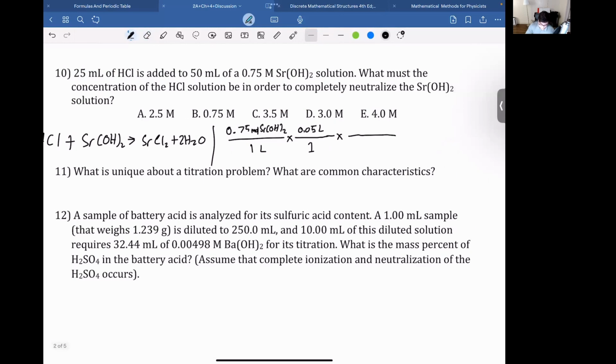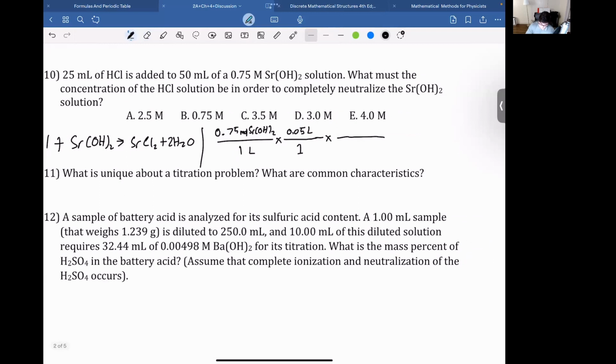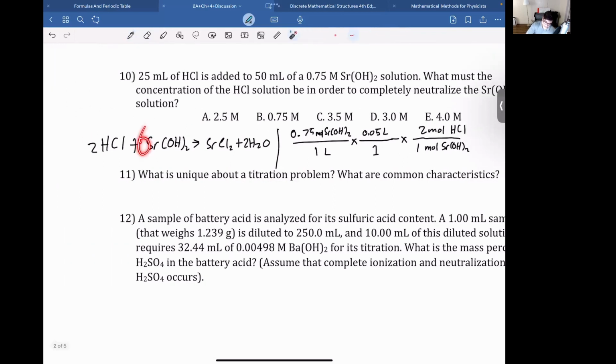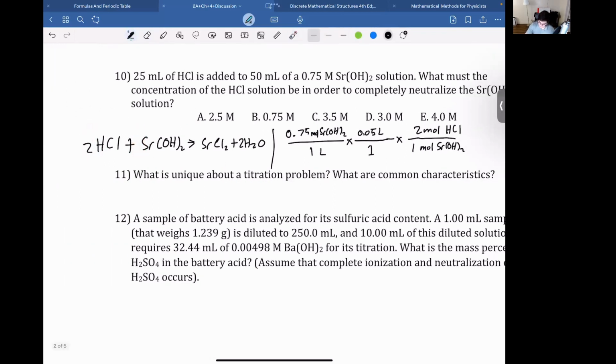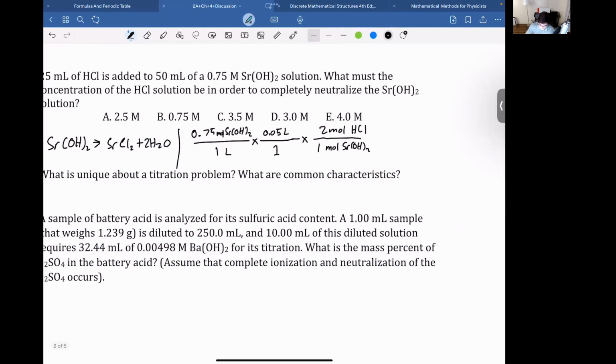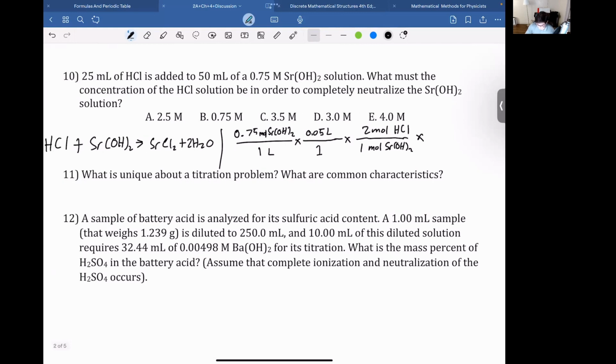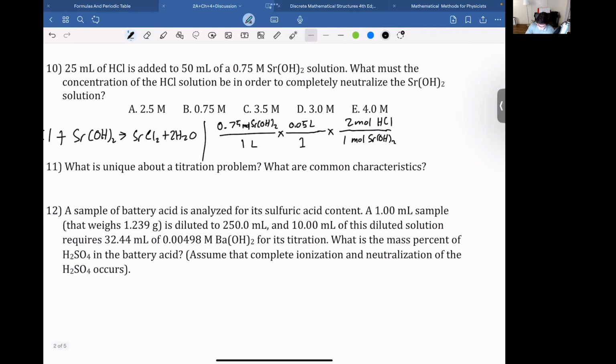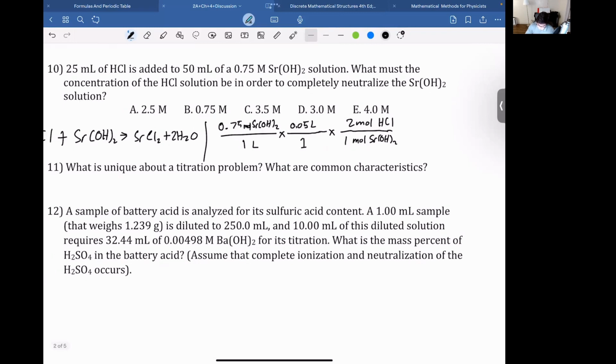Let's go to moles of HCl. That's what I should have done. Make this shorter. So for every 1 mole of strontium hydroxide, you get 2 moles of HCl, right? Just by stoichiometry. I was doing kind of an extra stoichiometry, which is not needed and is kind of silly for me to do. So we plug this in and we get the moles of HCl that we're going to need.